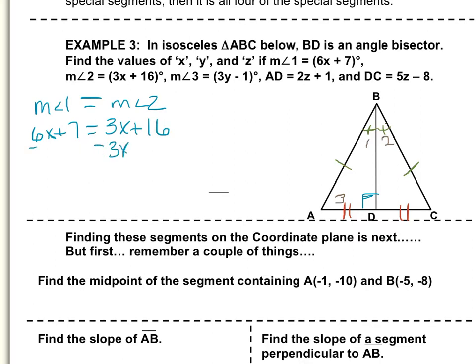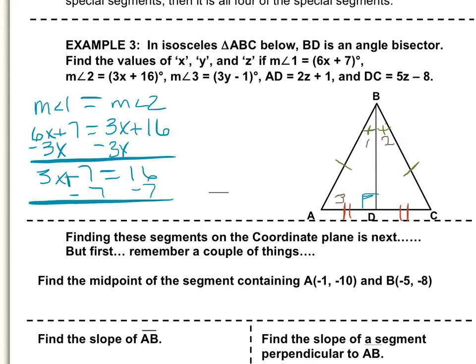So I'm going to subtract 3x: 3x plus 7 equals 16, subtract 7, 3x equals 9, divide by 3, so x equals 3. Okay, so I'm going to write that over here. I now know that x is 3.